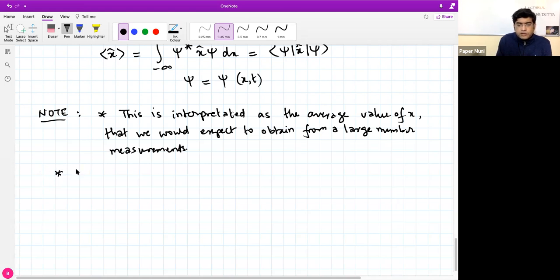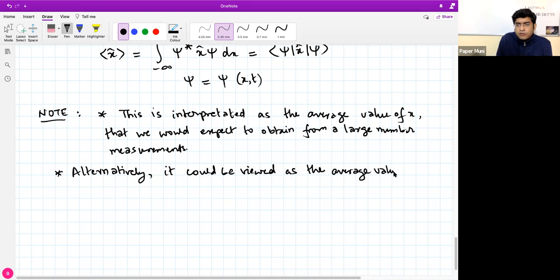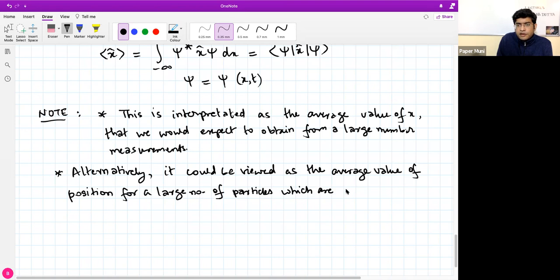Now it is also thought of alternatively, it could be viewed as the average value of position for a large number of particles which are described by the same wave function.